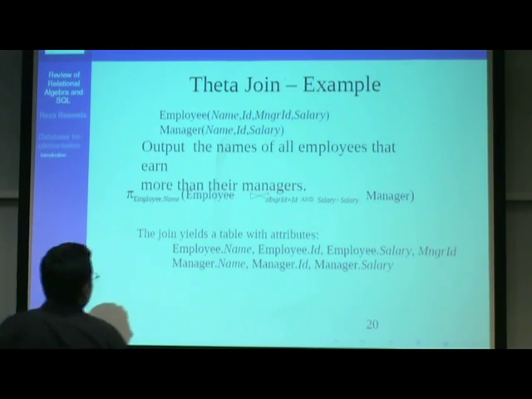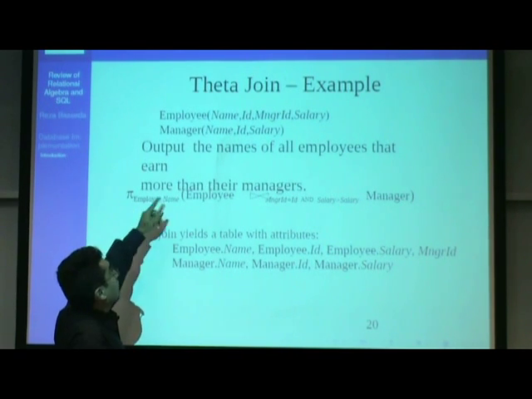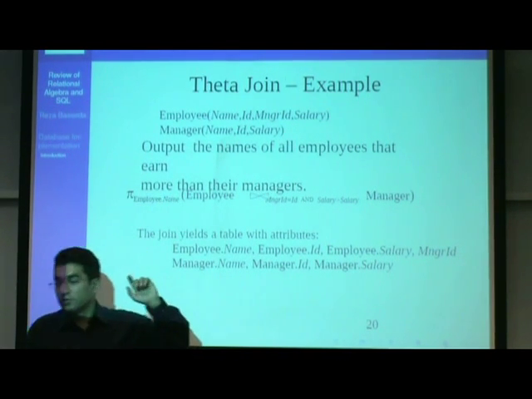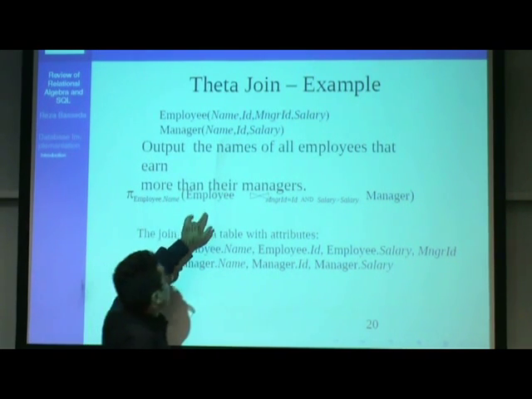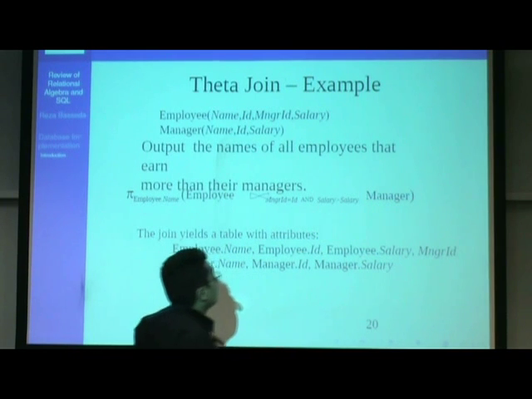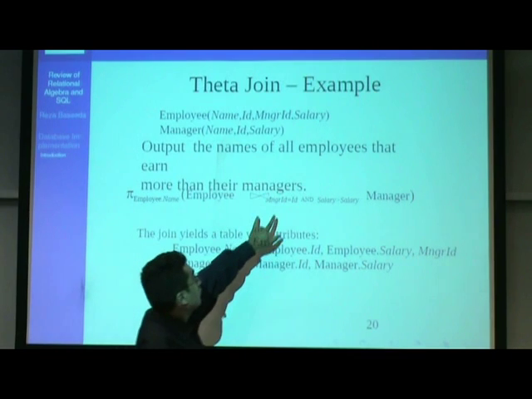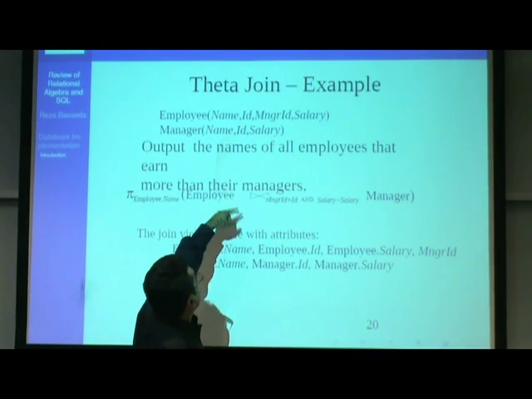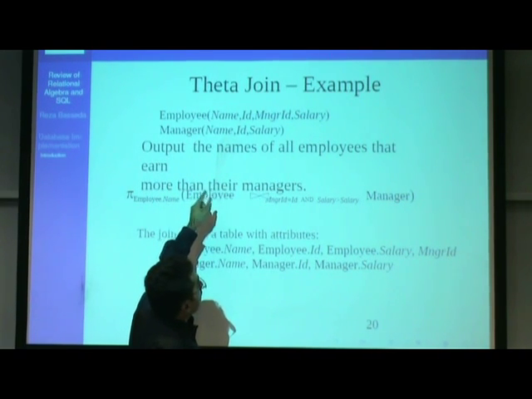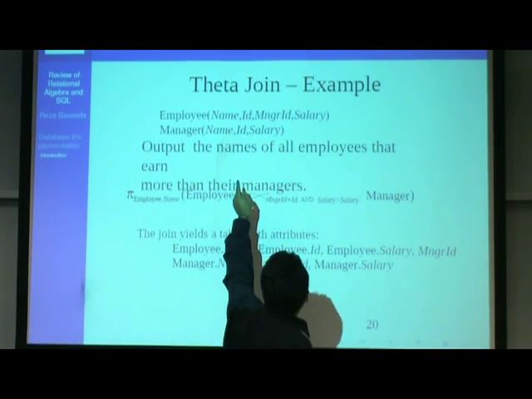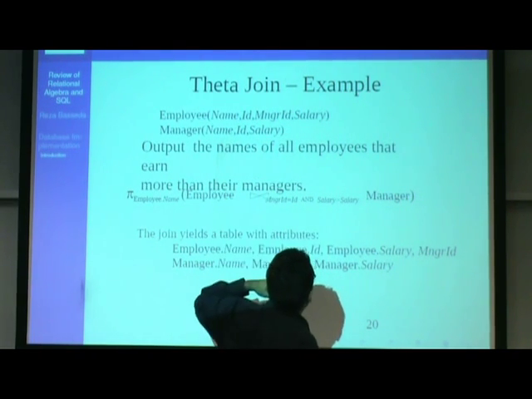So what we are doing is basically, first of all, we want to output the name of the employee. The join should be between two tables, employee and manager. The condition is that the manager of the person should be equal to the ID from the manager table, and the salary from the manager table should be less than the salary from employee.